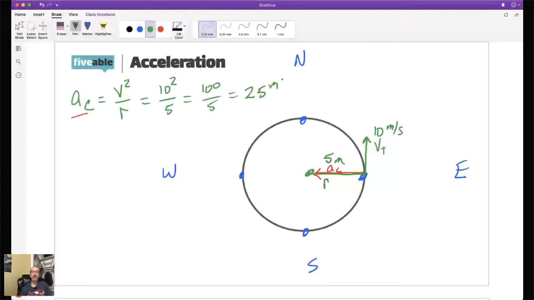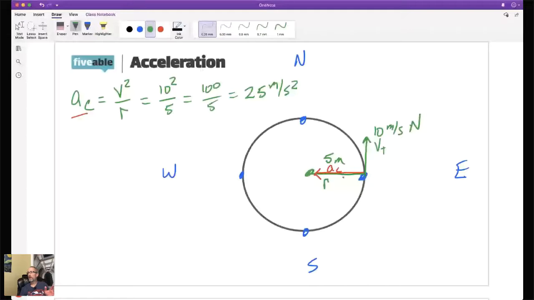Now, the cool thing about this is it has a direction. And a lot of us would say, well, if this is 10 meters per second north for the direction of velocity, then shouldn't we have an acceleration of 25 meters per second squared north? No, we don't. And it's because this acceleration is going to be different.